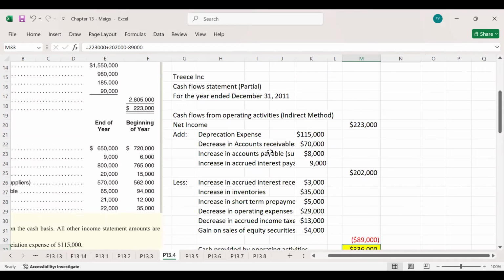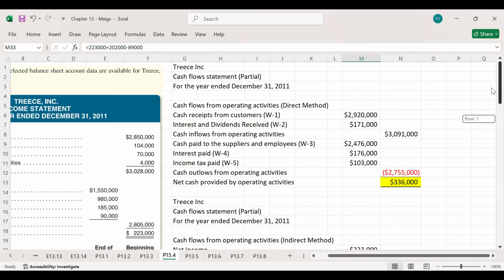This one is the more direct approach toward net income. We adjust all the accounts in net income. Whereas in the direct method, you can see we calculated directly the cash receipts and payments in various ways. So that's it from this lecture. Take care, class.